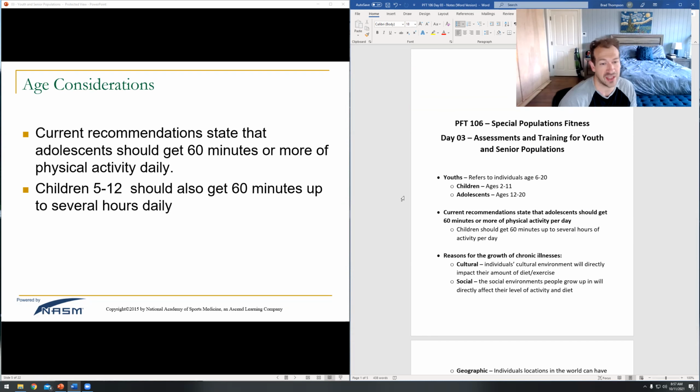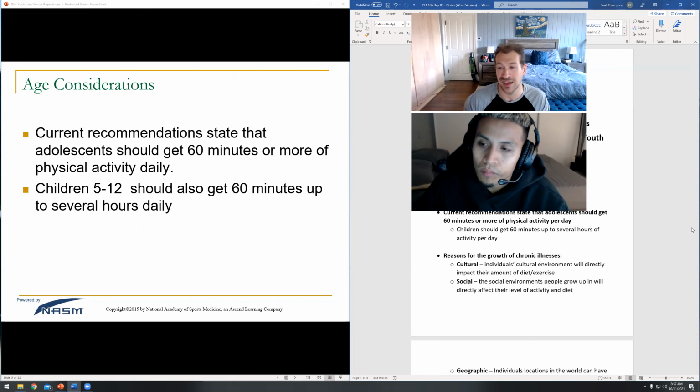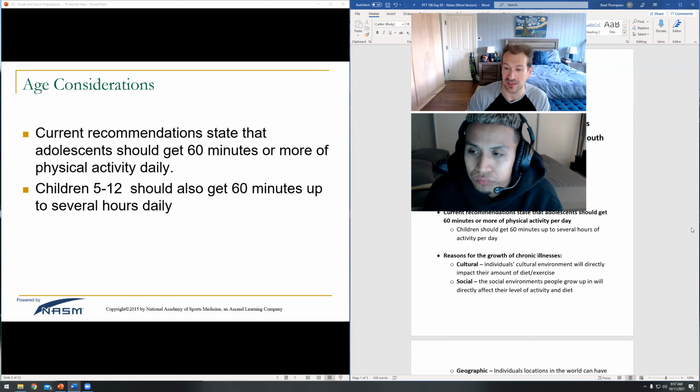We recommend that adolescents or youths, really anybody, get at least 60 minutes of physical activity per day, and children can get even more than that. The way I always like to put it is, for an hour a day, I want you to get a little bit of sunshine and a little bit of out of breath. It's my favorite way to summarize it. You do a little bit of those two things together, we're going to be in a great spot.